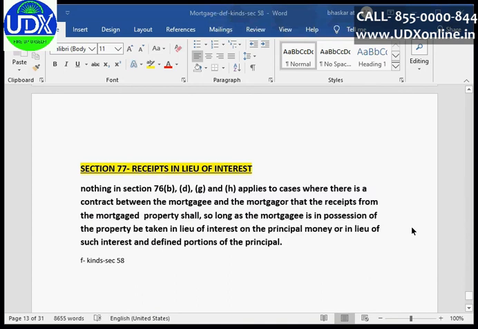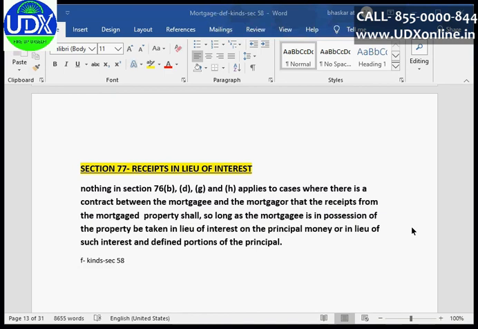And the last section here, Section 77, receipts in lieu of interest. See, when the mortgagee has possession of that property, consider there is so much income arising. Consider a property with some 50 shops and establishments, and every month they pay rent to the mortgagee.